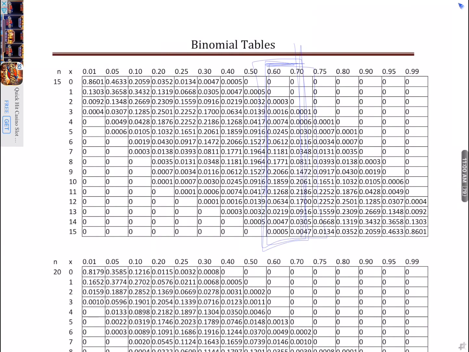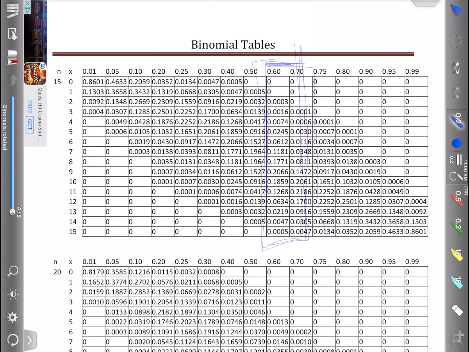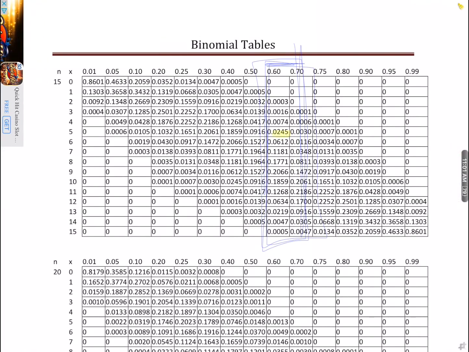And then we have X. Our X value is going to start to deal with the probabilities that we want. We want it between 5 and 10 people. So if we look, here's the probability of 5, 6, 7, 8, 9, and then 10.